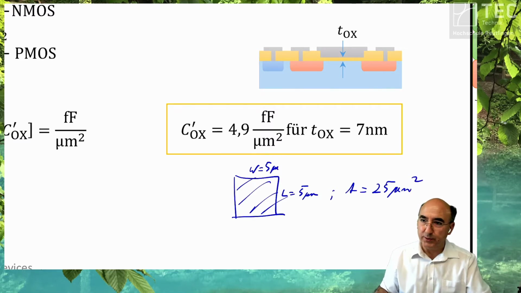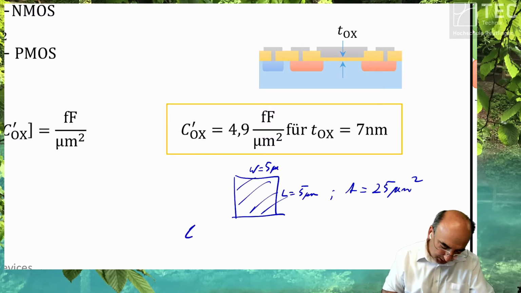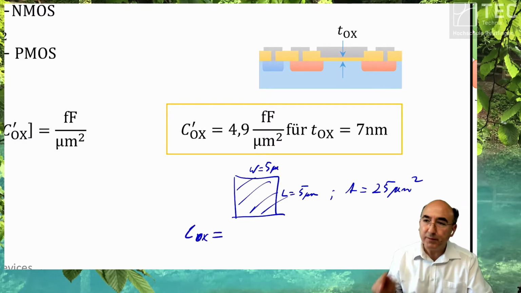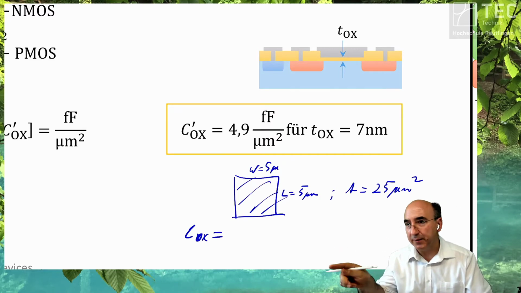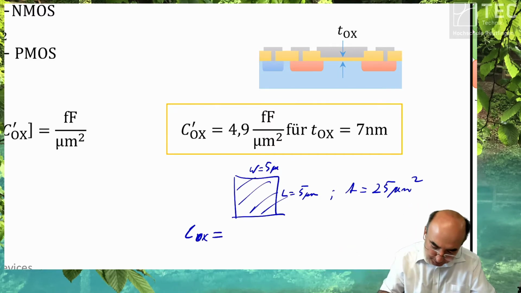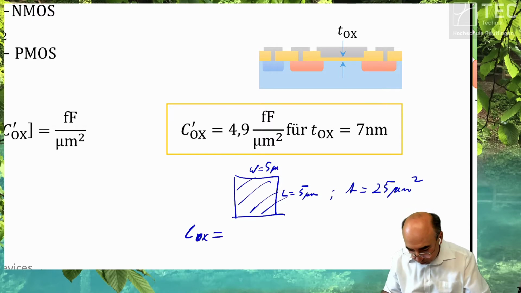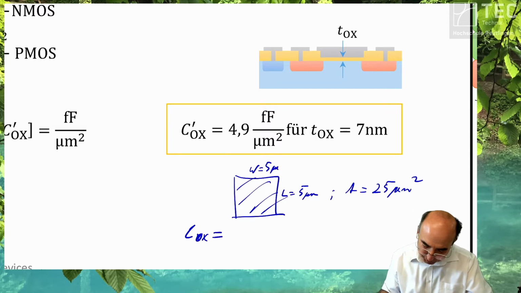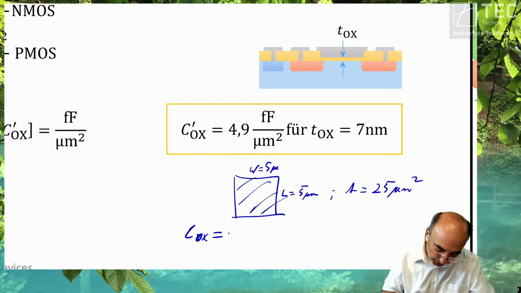And this transistor has an oxide capacitance of 5 times 25. That means, please calculate. 10 times would be 250. It would have then 125 femtofarad.